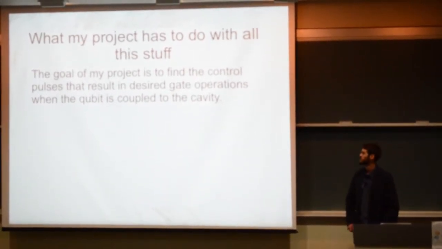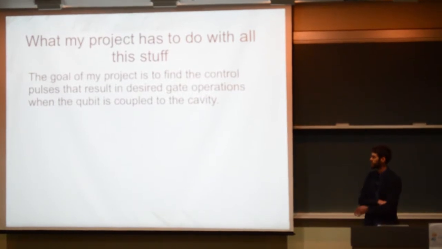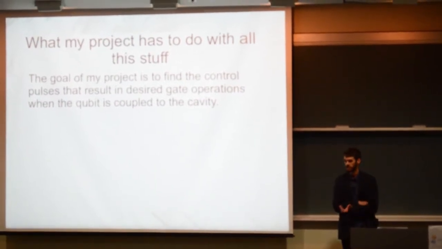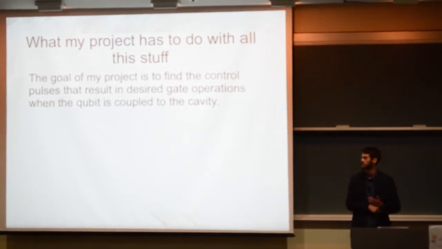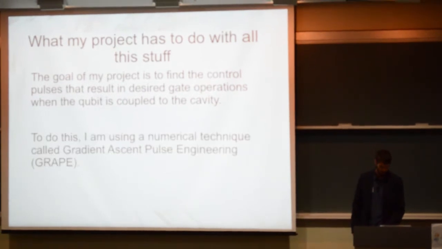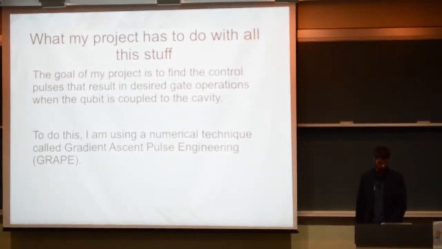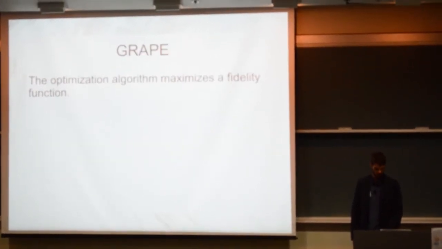And so my project is concerned with finding these pulses, the pulses that result in the desired evolution caused by gates, when the qubit is coupled to the cavity. And to do this, I'm using a numerical technique called gradient descent pulse engineering.